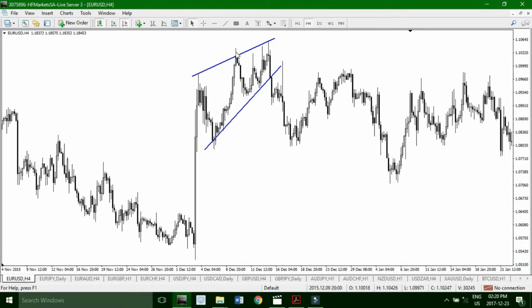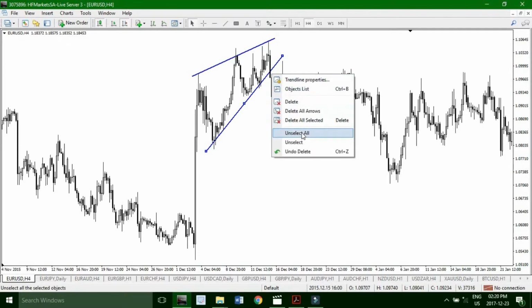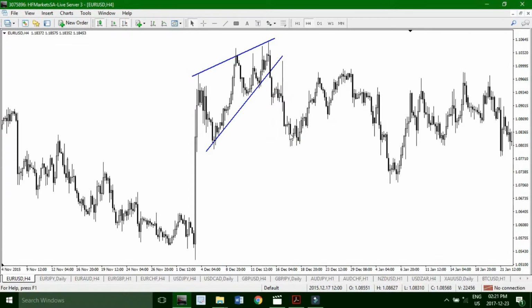From here we had our higher highs, where it seemed like it was going to pass through the trend line over here, but it quickly came back to our support trend line. From here it went up, back down, up, so it was consolidating there until we finally had our break on the support trend line.